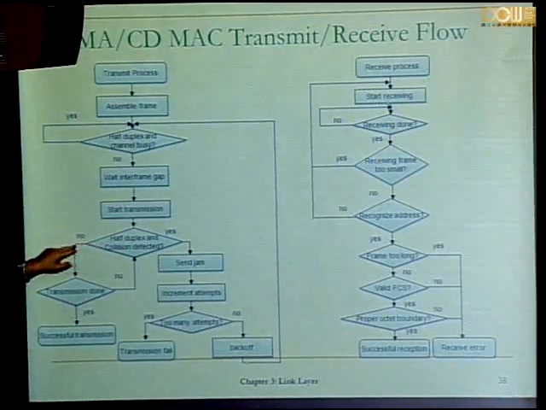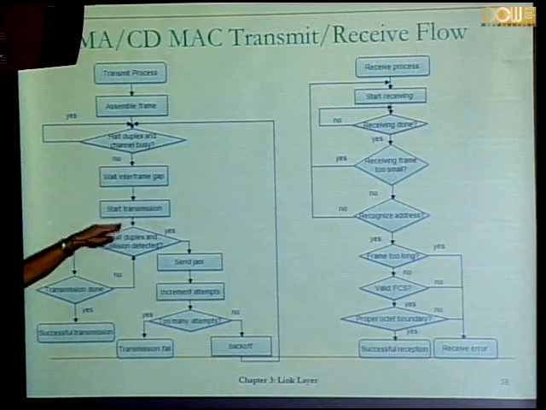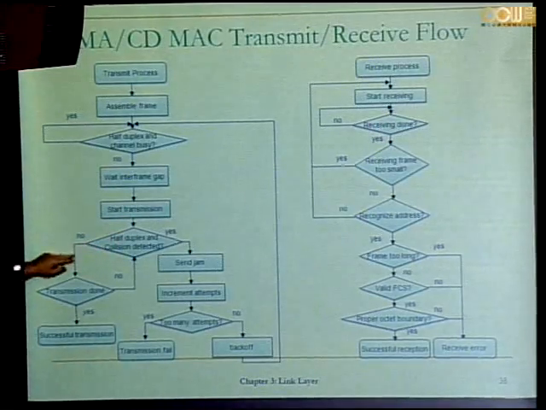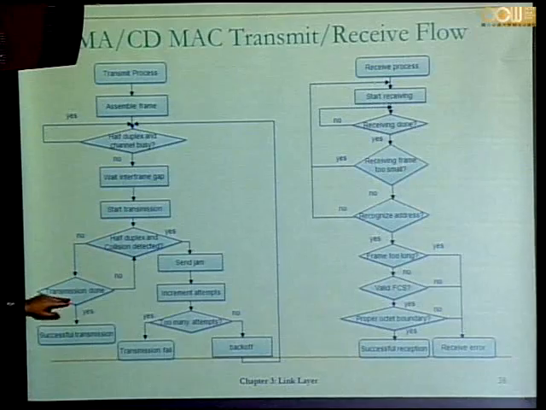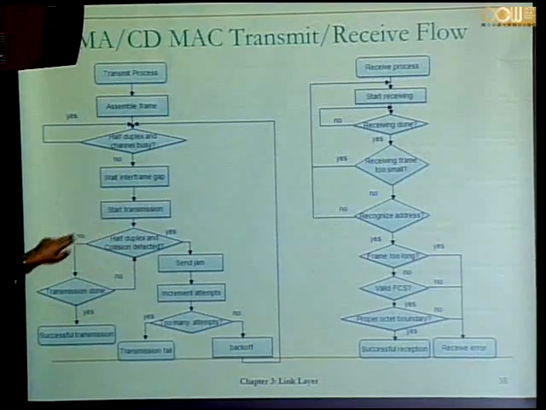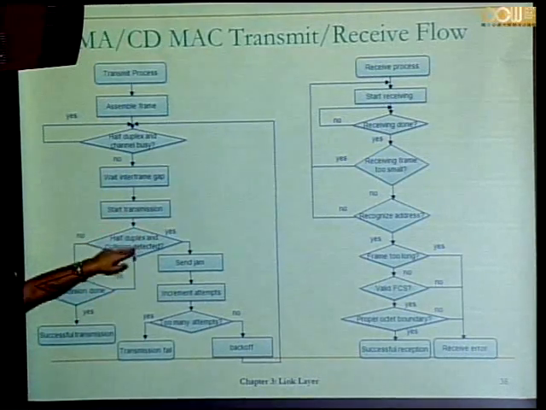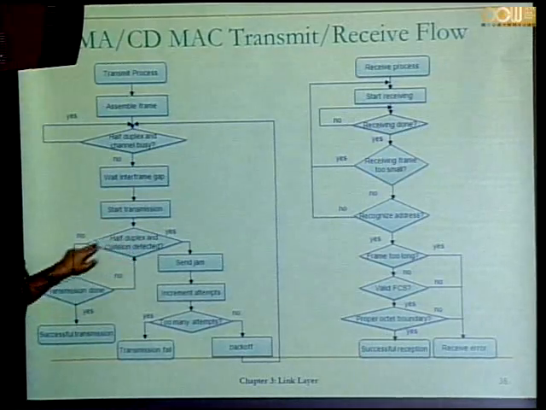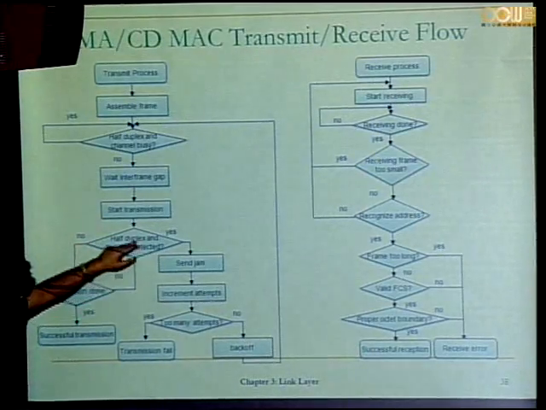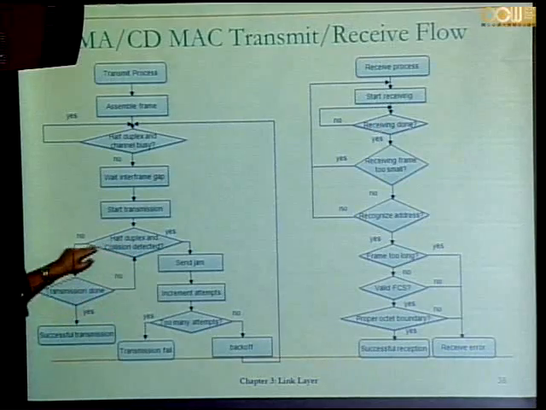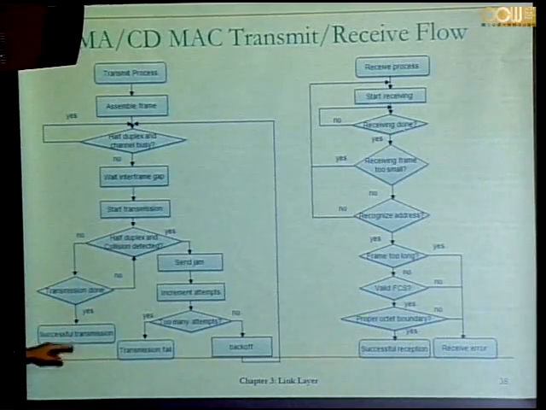But if no collision, then I finish the transmission, then it's done. If it's not done, I loop here. So this is, I start the transmission, I check here, and I continue to transmit. Once the transmission is done, it's successful.